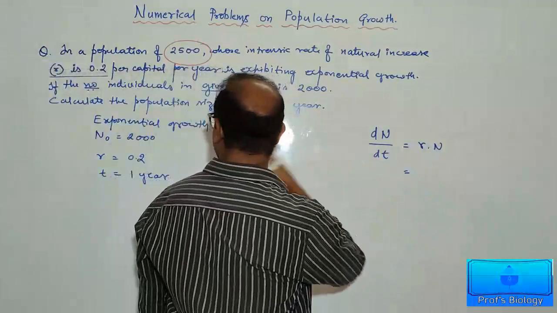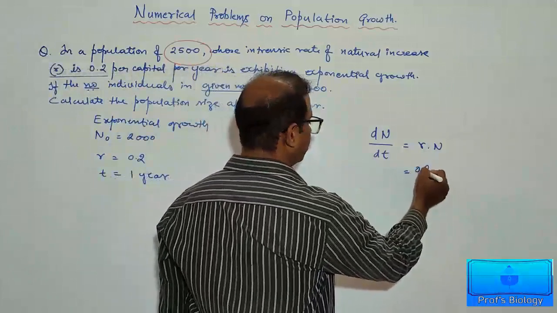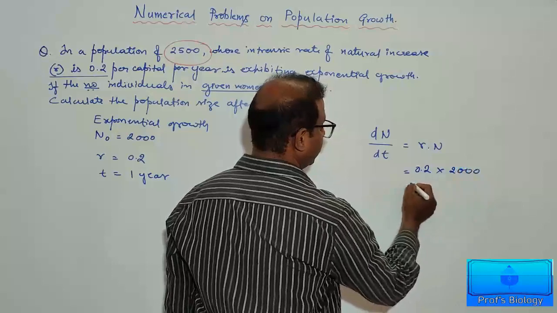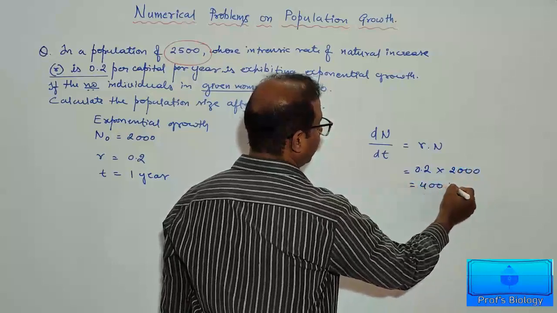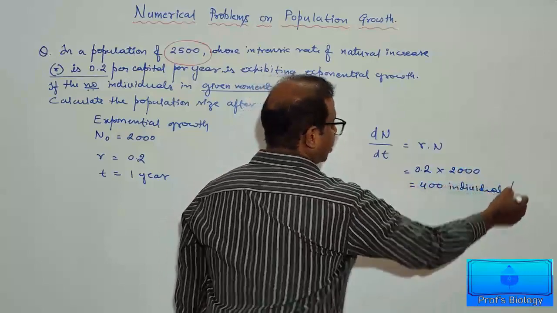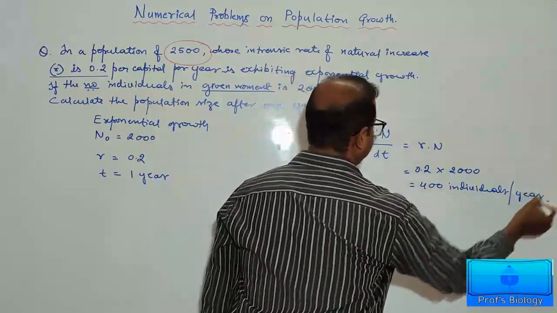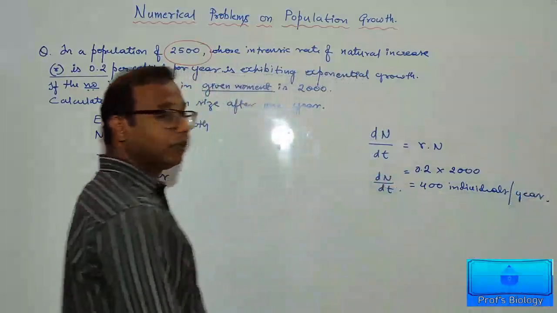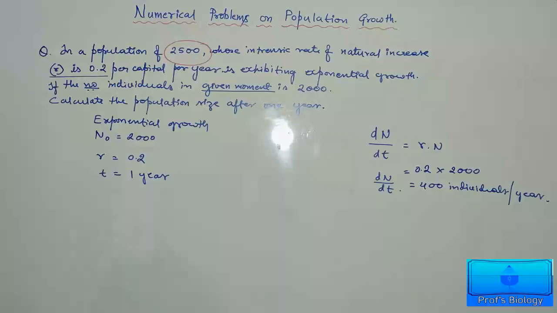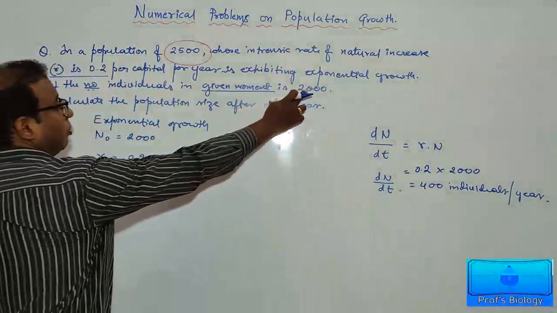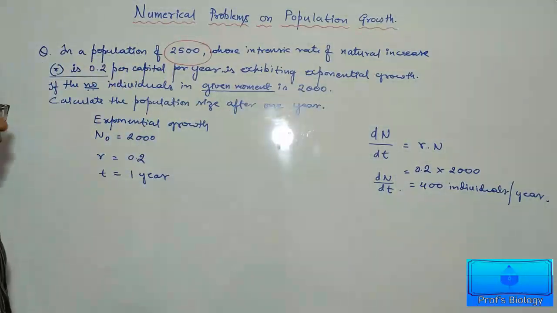So that would be, since R is given as 0.2 and N is known as 2000, it will be 400 individuals which are added to the population at the end of 1 year. Now the population after 1 year would be this change in population plus the initial population of 2000.